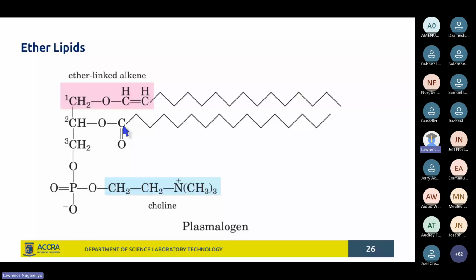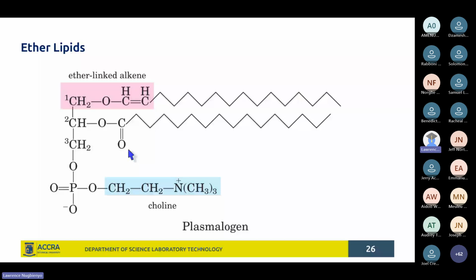The bond you see on carbon number 2 is an ester bond, but the bond you see on carbon number 1 is an ether bond. So you have COC, ether, and you have COC with double bond O, ester. So you notice the two differences between an ether and an ester.